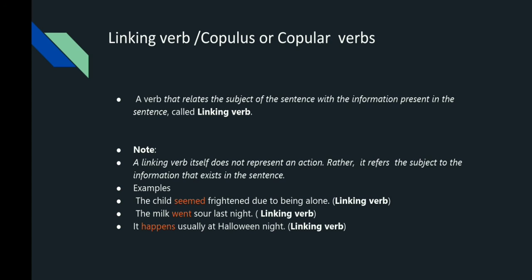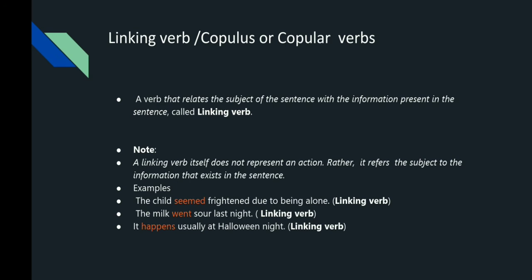Well, let's move to the second example, which is the milk went sour last night. Well, now in this example, went is actually a linking verb because it is again relating the subject to the rest of the information in the sentence. Okay, and in the third example, I would say it happens usually at Halloween night.